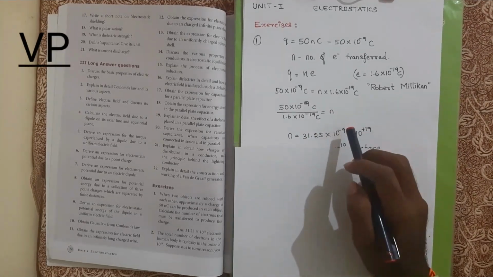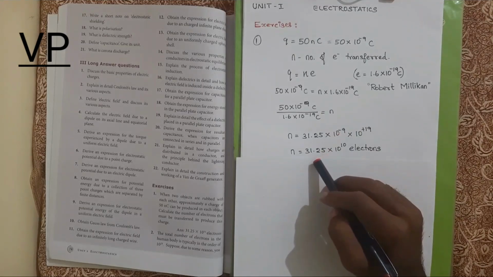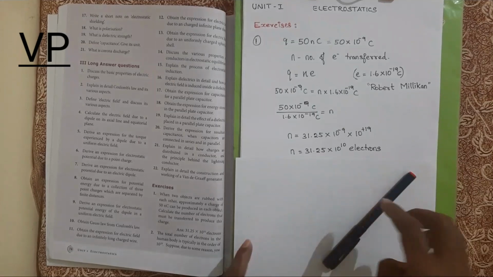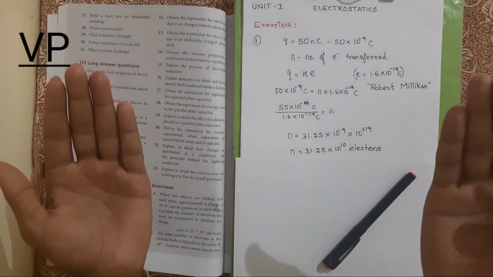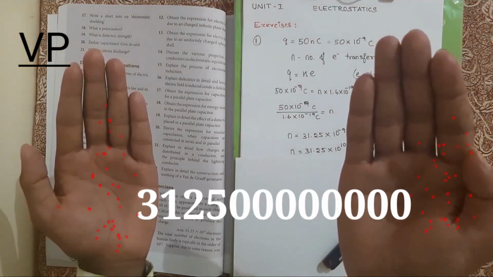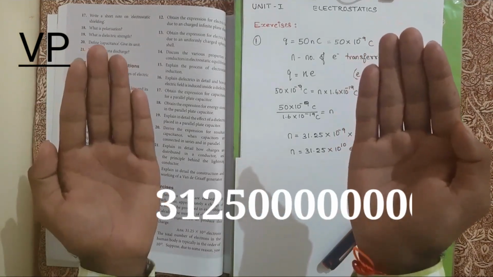On solving them, we get N is equal to 31.25 into 10 to the power 10 electrons. That is, 31.25 into 10 to the power 10 electrons have transferred from this object to this object.